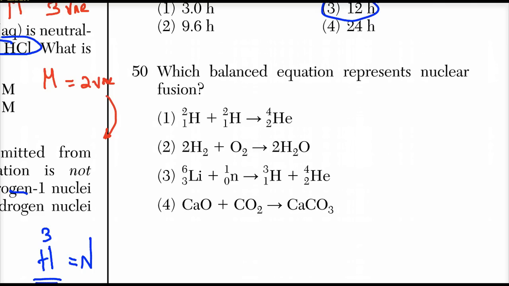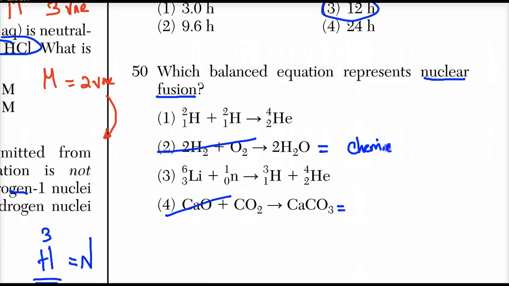Number 50. Which balanced equation represents nuclear fusion? Okay, well, fusing together means things are coming together. Fission sounds something like it, but for nuclear fusion, you just have to identify. First of all, I'm getting rid of choice 2 and choice 4. These are chemical reactions. Why are they chemical?